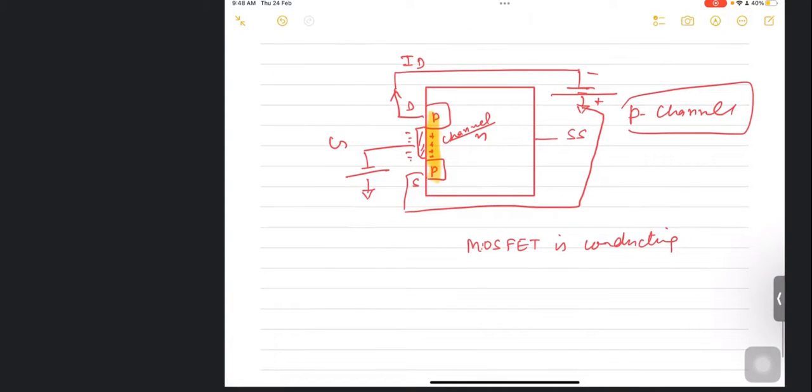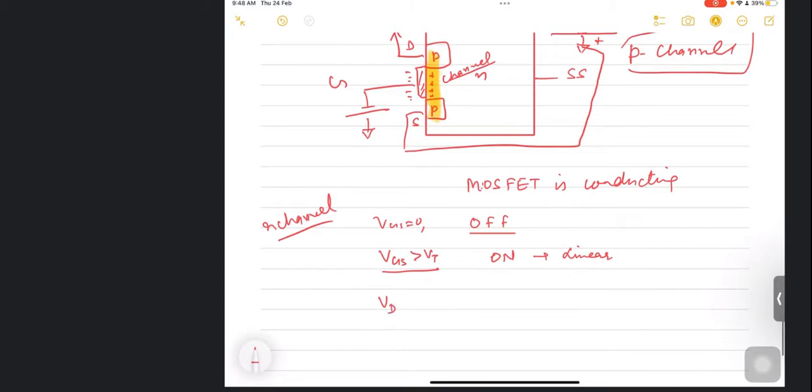Okay, so initially it is off. If we are talking about N channel, suppose VGS is 0, so it is off, right? To turn it on, VGS should be greater than VT. It will start conducting and it will move into the linear region.